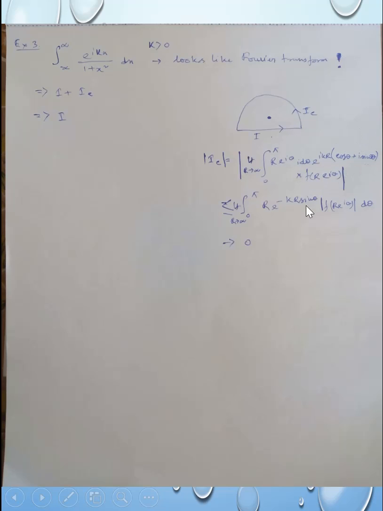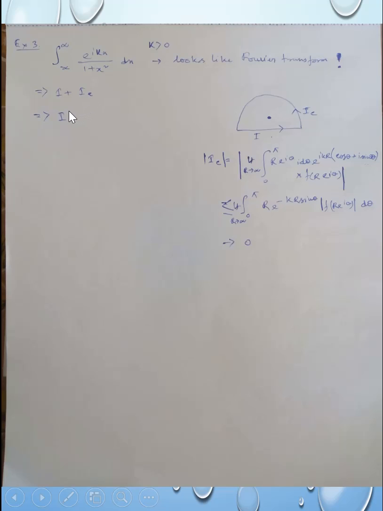Now you can see the exponential i k r cos theta, and minus k r sin theta. If I take the mod value, then you will simply get just the real part. Since k is greater than 0, if you apply the limit r tending to infinity, you will get 0 for that part. So I C is 0.